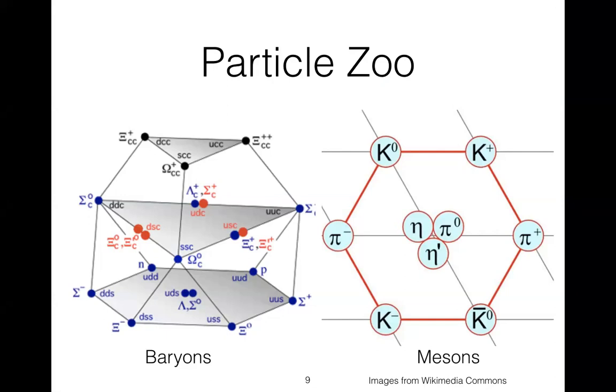On the left, we only looked at the proton and the neutron in the lower back part of the plane. If you look at the lower part, that's where you have up, down, and strange quarks that can be made into baryons, right? So we had the Xi particles, the sigma particles, and the proton and the neutron.